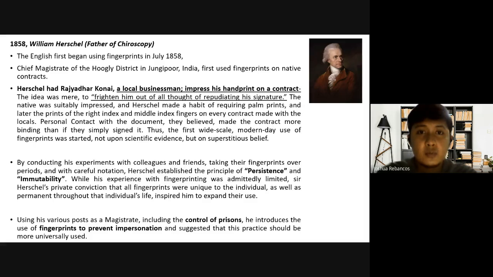Right? Thus, the first wide-scale modern-day use of fingerprints was started not upon use of scientific evidence, but on superstitious belief. So, etong si John Herschel, ginamit niya na ang fingerprints noon, palm prints, at sa pagdaan ng panahon, pati ang index fingerprint. Ito, index. Okay.